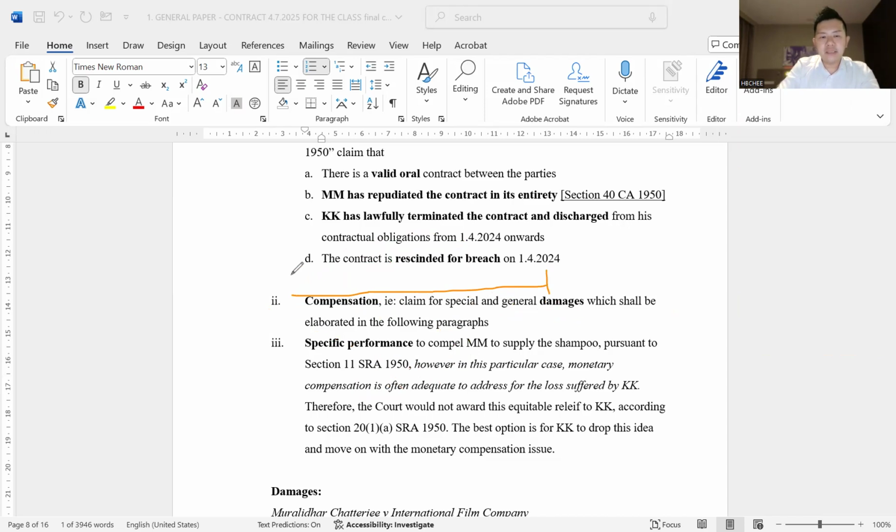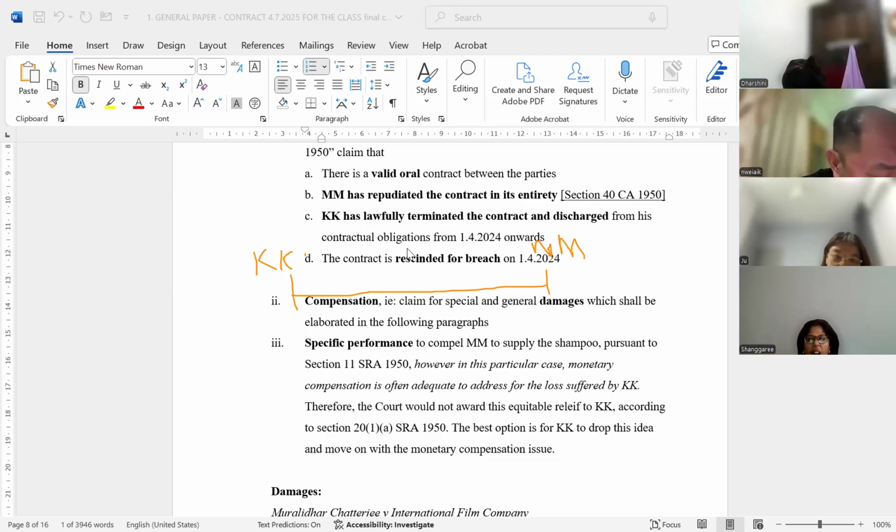Whereas in this particular scenario, the deal between KK and MM is not a single transaction. I hope you agree. Every month there is a deal, correct?